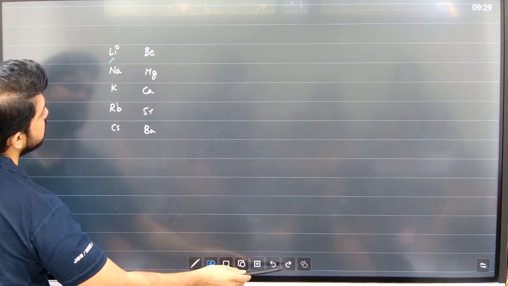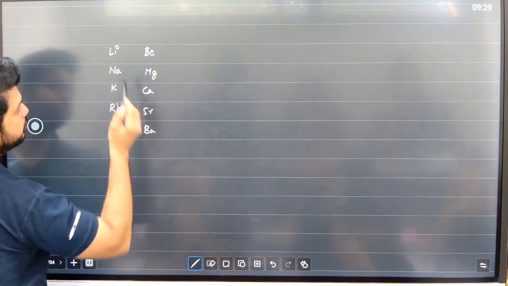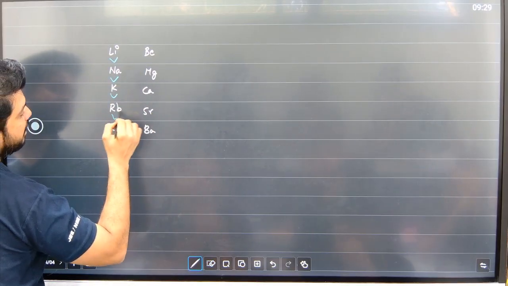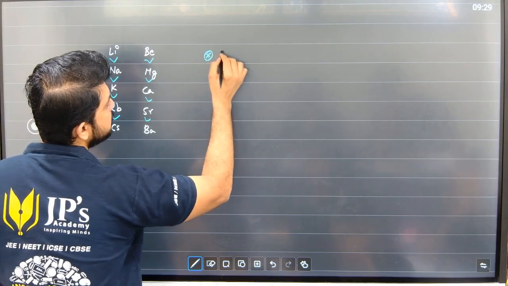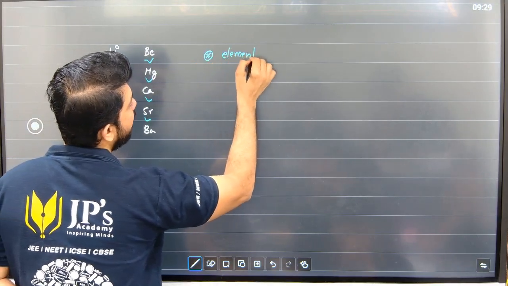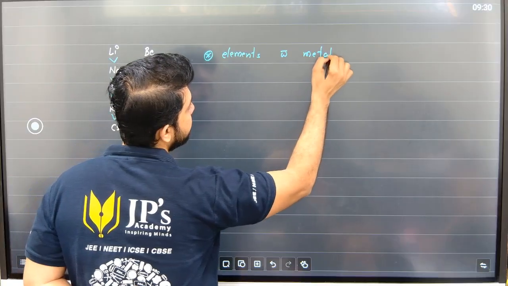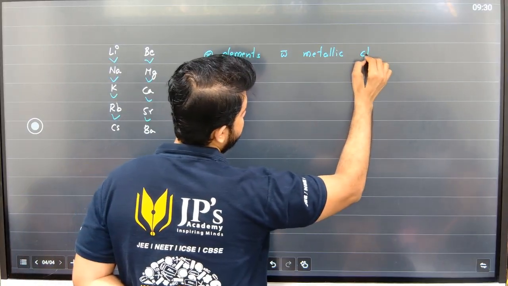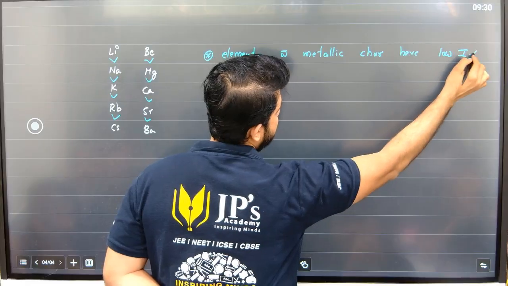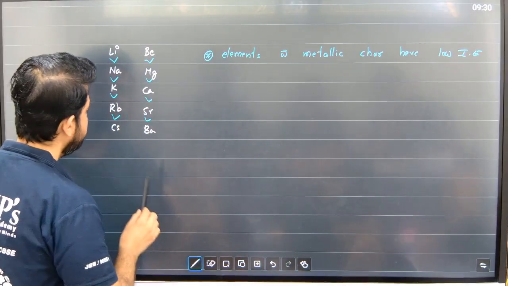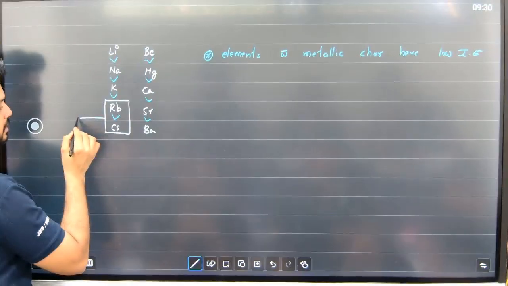So this is a characteristic, or you can say that this property is observed in case of elements having metallic character. So elements with metallic character will have high or low ionization enthalpy? Low. And that is why we used such elements. अगर किसी को याद है तो these were used in which effect?